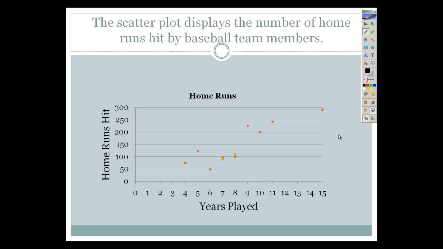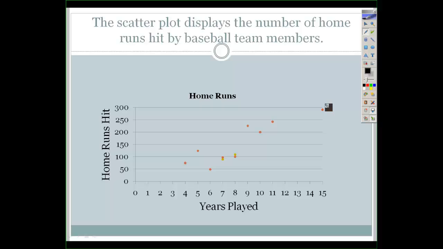So let's figure out how many home runs were hit by the most home run hitter, by the oldest, or what is the highest number of home runs hit. I'm going to say it's right there. I'm going to estimate that to be 295. And I need to know the lowest number of home runs hit. Right here by the 6-year guy, he only hit 50.